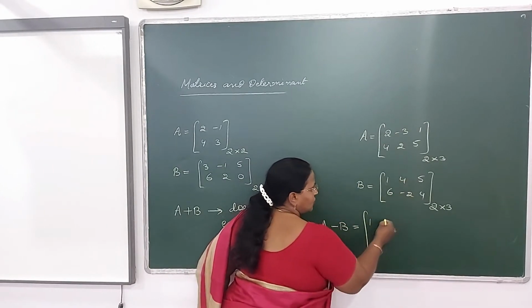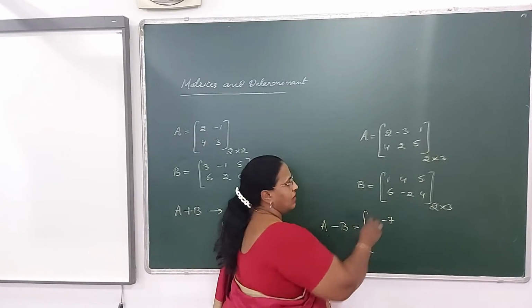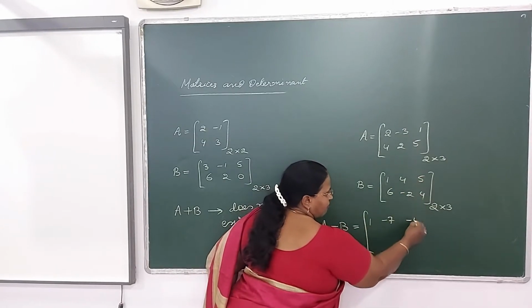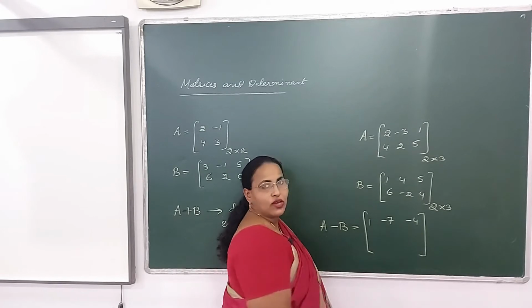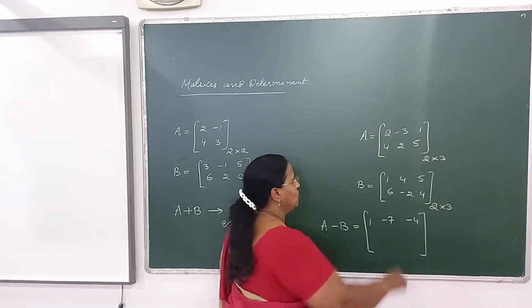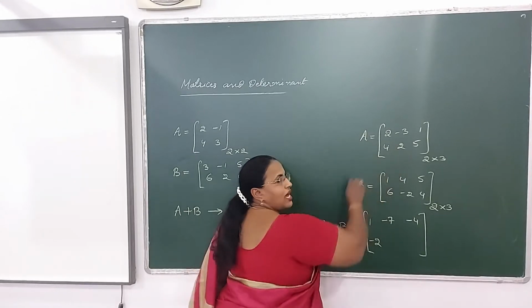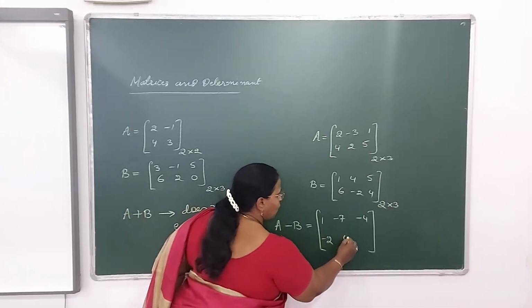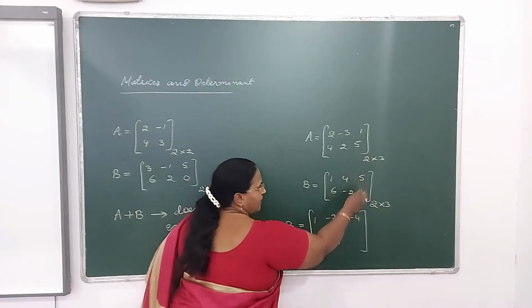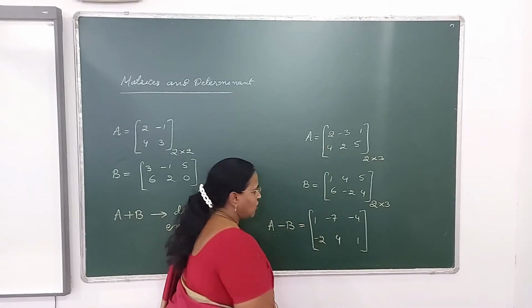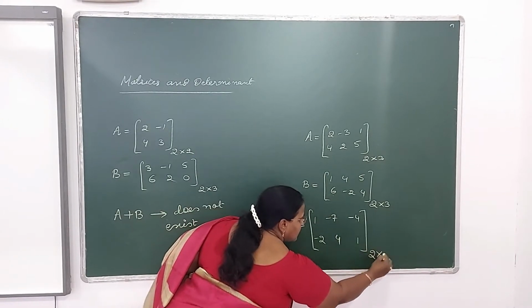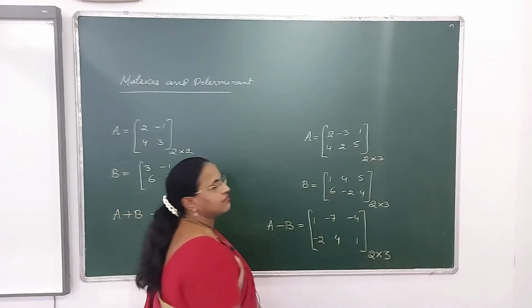Minus 3 minus 4 is minus 7. 1 minus 5 is minus 4. Likewise, we'll do the second row also. 4 minus 6 is minus 2. 2 minus of minus 2, it's plus 4. 5 minus 4 is 1. So this is the resultant matrix.